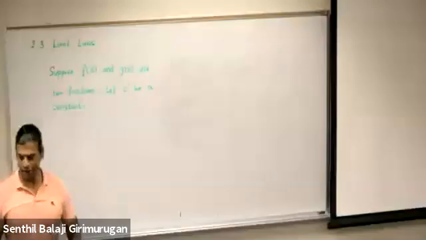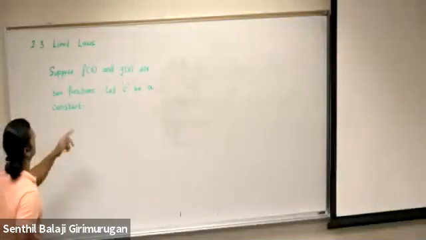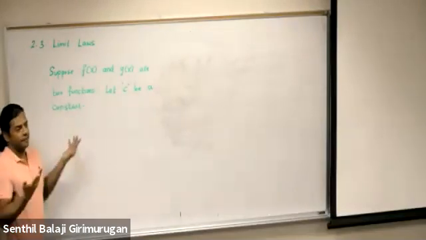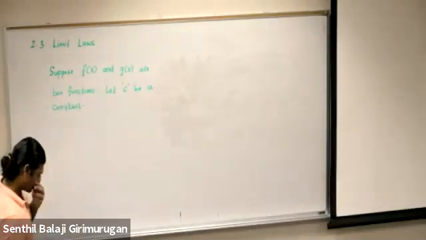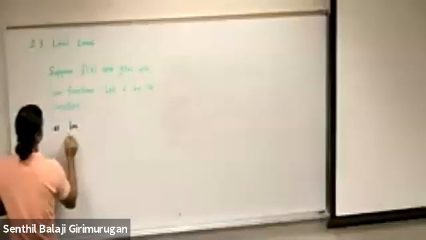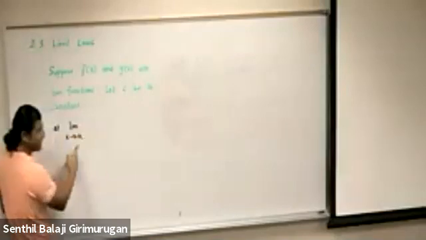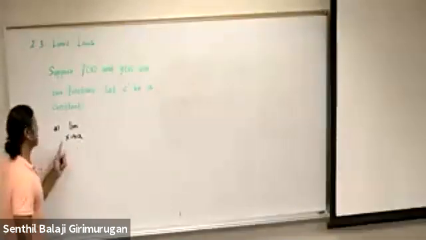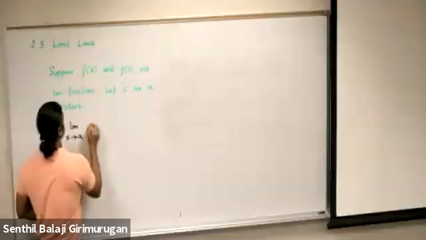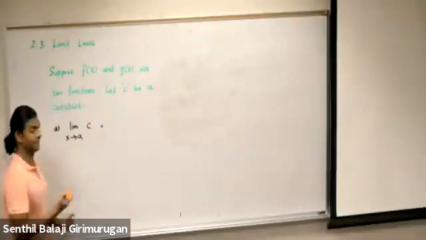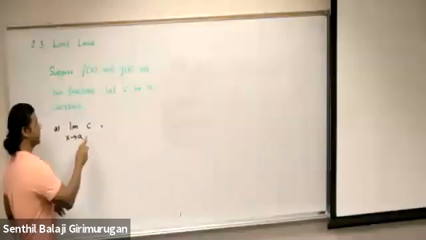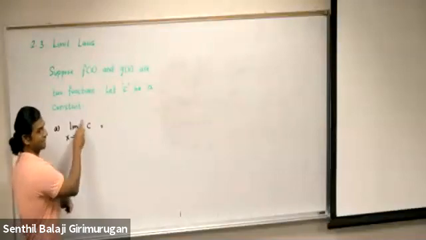Suppose we have two functions, f of x and g of x, and let's say there's some constant. By constant, I mean a number. So if the limit exists, which we are going to assume at a point A, so we are evaluating the limit of the function at A, and I want to evaluate it for the constant C. So do we see any x in this C?